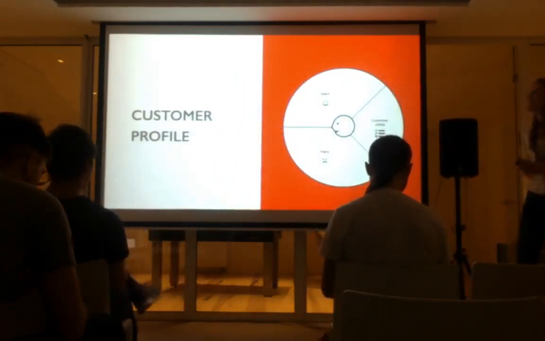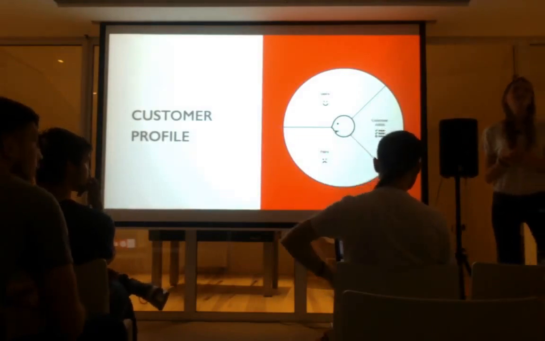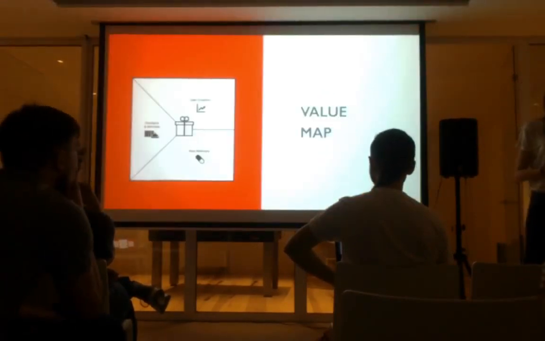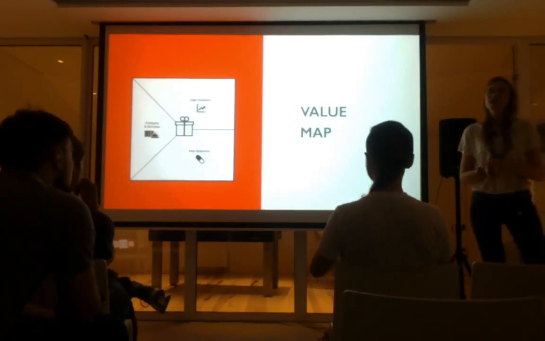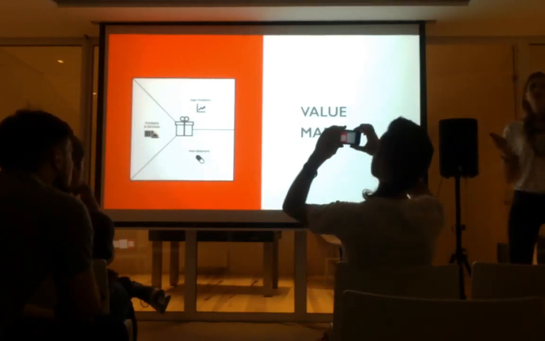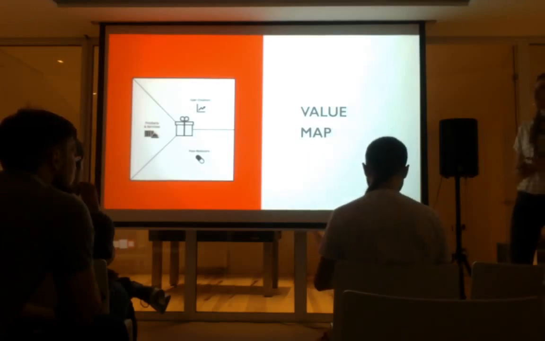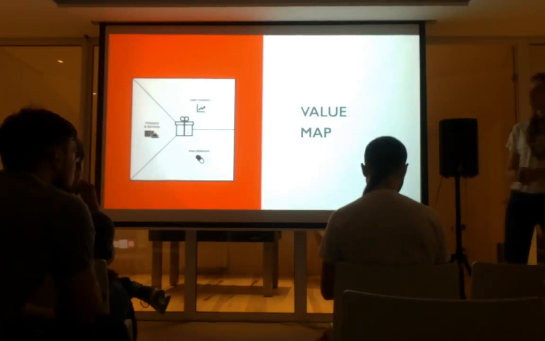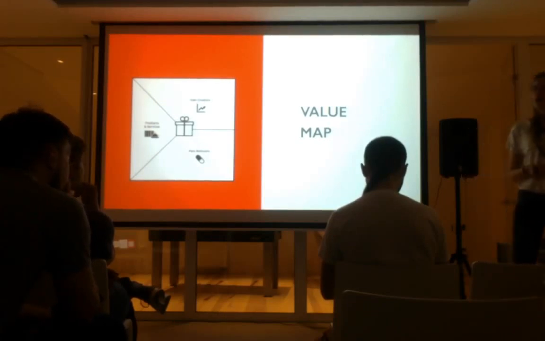Okay. So we have a customer profile, and then you create a value map. Then this is your product, and you list what products and services, in our case, what features we can offer. We list all features. Then we list what gains we can create with our product for our user, and what pains we can relieve with our product.